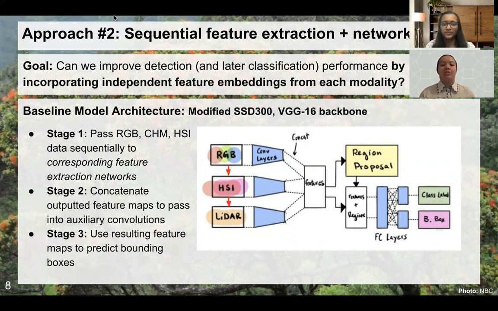Then we froze the RGB head after it was trained and trained only the HSI head, the backbone. Then we froze the HSI head after it was trained and trained only the CHM head. And then we froze all three input heads and we trained the auxiliary network. And when we did this, we achieved the following results.